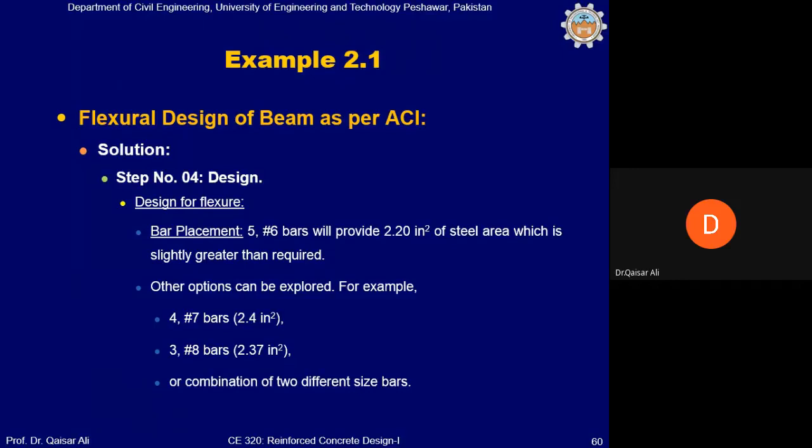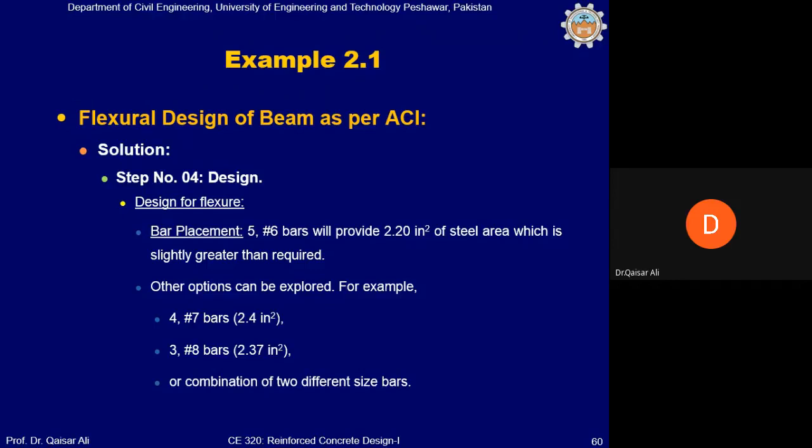Although the use of number 5 and number 7 bars has increased in the recent past, a few years ago these bars were not readily available in the market, and for this purpose we preferred using number 6 bars mostly in the beams. Sometimes in very short beams we also use number 4 bar.